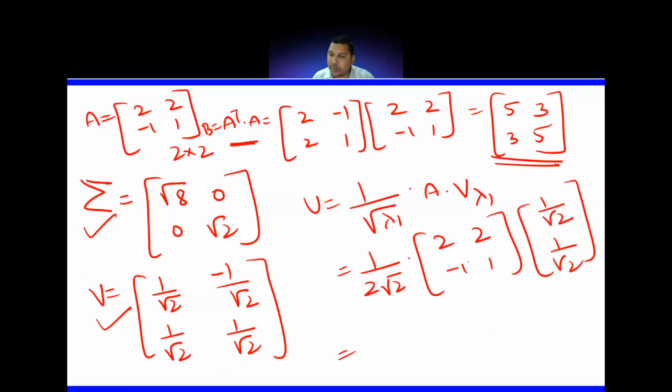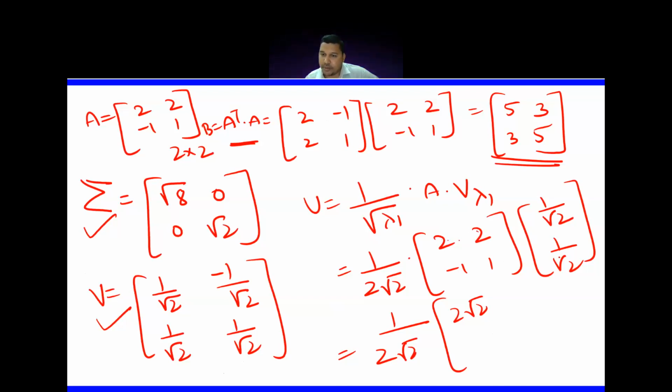If you multiply these first, 2 into 1 by root 2 plus 2 into 1 by root 2 is 4 by root 2, so 2 root 2.